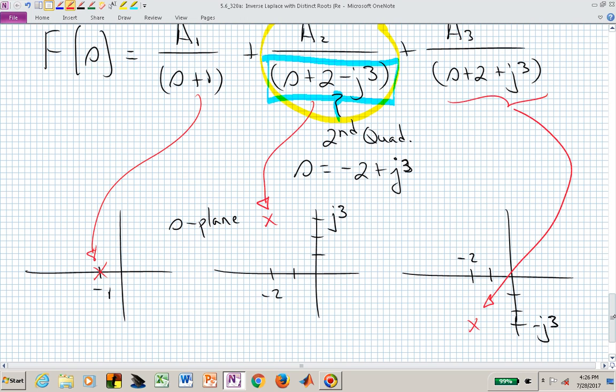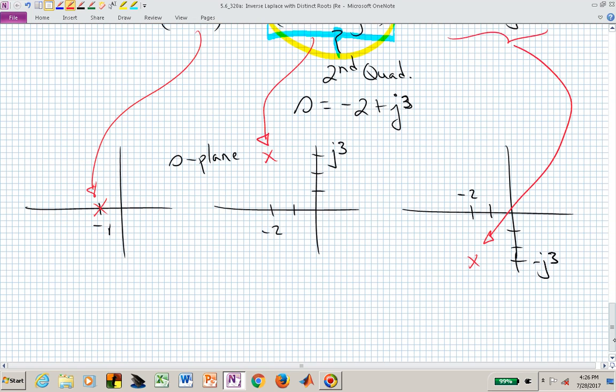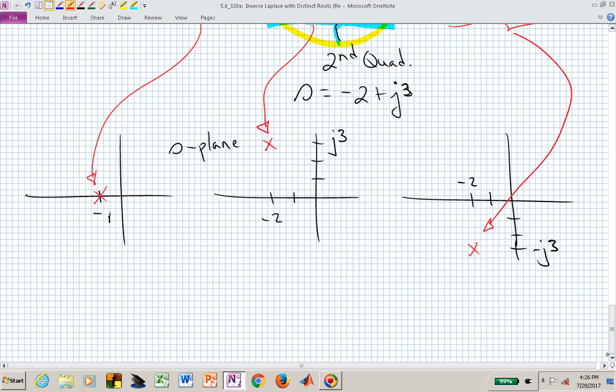And we can now see that all three of those x's are in distinct or unique locations in the complex s-plane. And from that, we can conclude that question B has been answered.